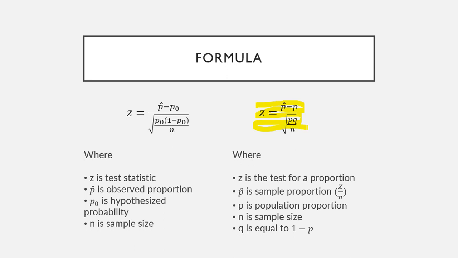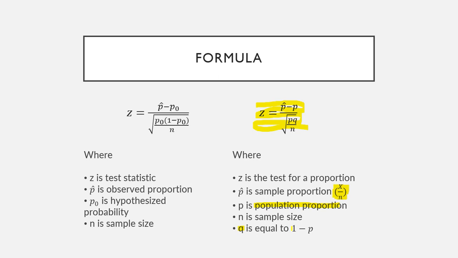So, ito po yung formula na makikita po natin dun sa module. It says here that Z, or this is the test for a proportion, is equal to the sample proportion. Yung letter P po na parang may arrow sa taas, that is the sample proportion. And to get the sample proportion, kailangan po natin tong formula po na ito, yung X over N. And then subtracted to letter P, which is the population proportion naman po, and then divided po sa square root ng population proportion multiply sa letter Q. Yung letter Q po, meron po tayong formula dyan para lang din po siyang degree of freedom.